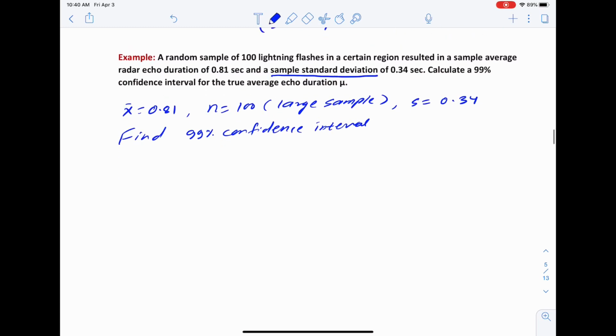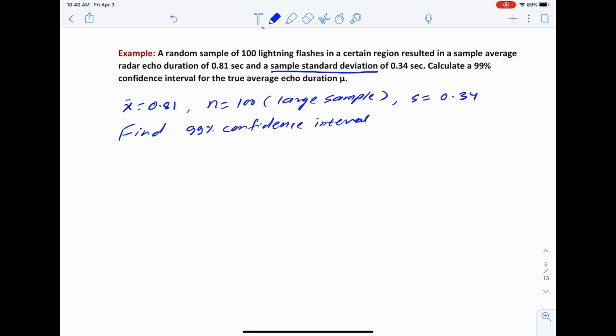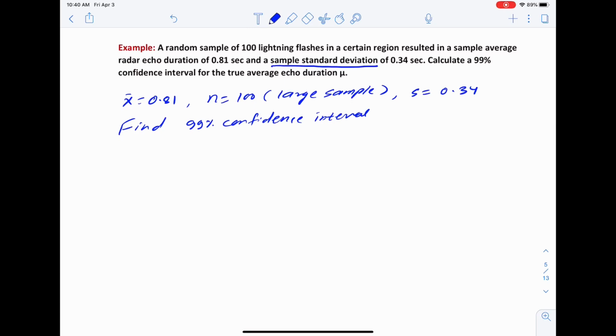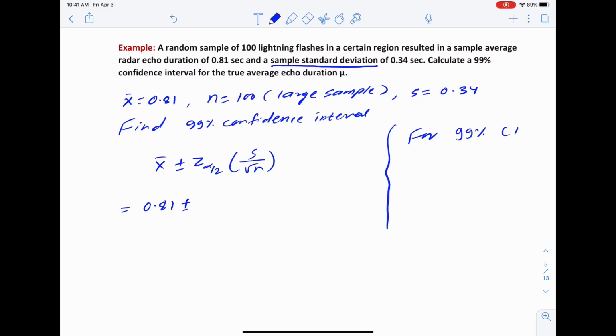Using the formula, this is x bar plus or minus z alpha over 2 times s over square root of n. Now x bar is 0.81. What about z? For a 99% confidence interval, if we compare this with 1 minus alpha times 100%, alpha is 0.01.